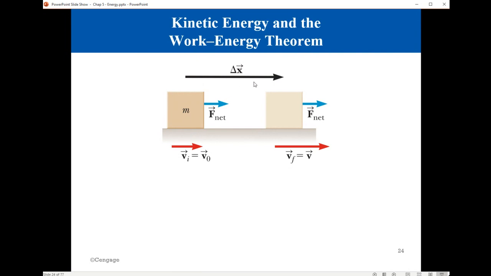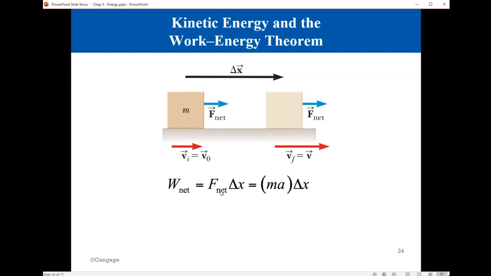After a displacement delta x, the object now has a final velocity Vf equals V. The work, as we learned, the net work, is equal to the net force multiplied by the displacement. This is equal to the net work in this motion.